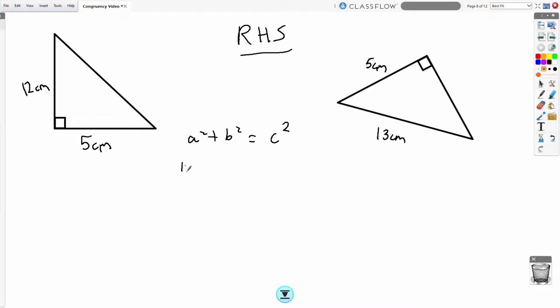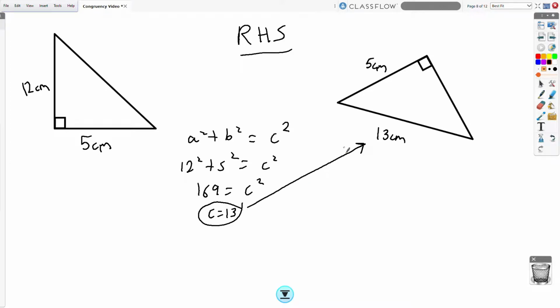So here 12 squared plus 5 squared is c squared. Now 12 squared plus 5 squared gives you 169. So c must be 13, which makes sense since this is 13. So we can assume this is 13 and this is 12. So you need to show this step.